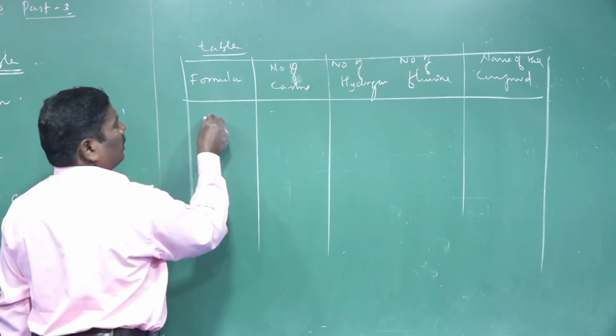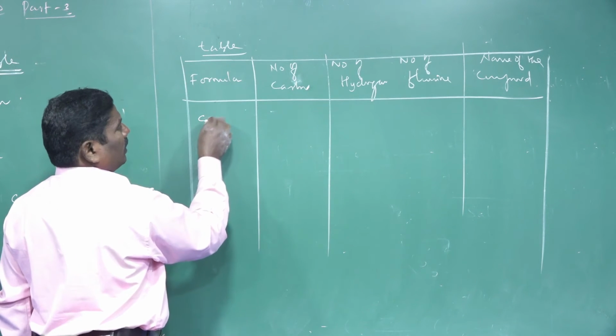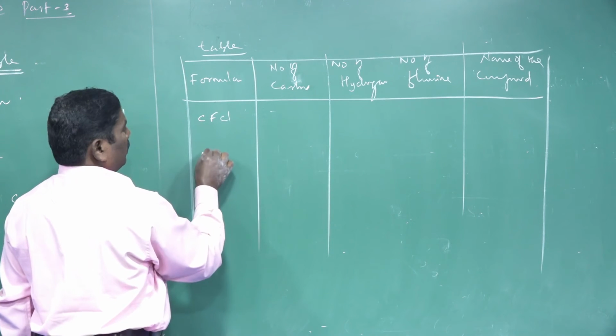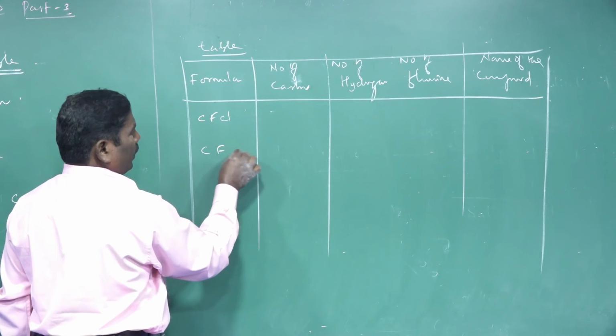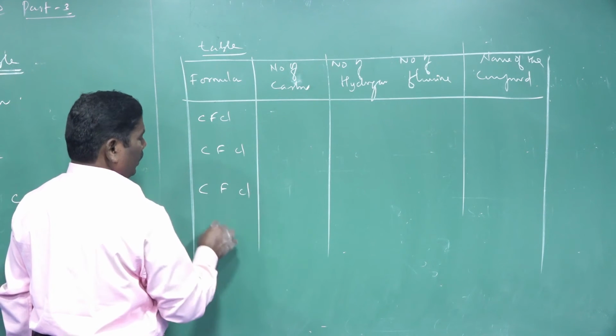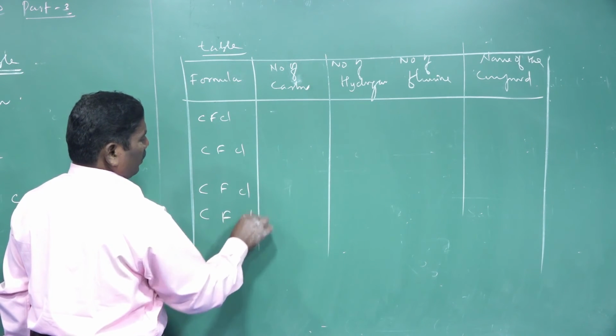You take now this formula: carbon, fluorine and chlorine. Carbon, fluorine, chlorine.